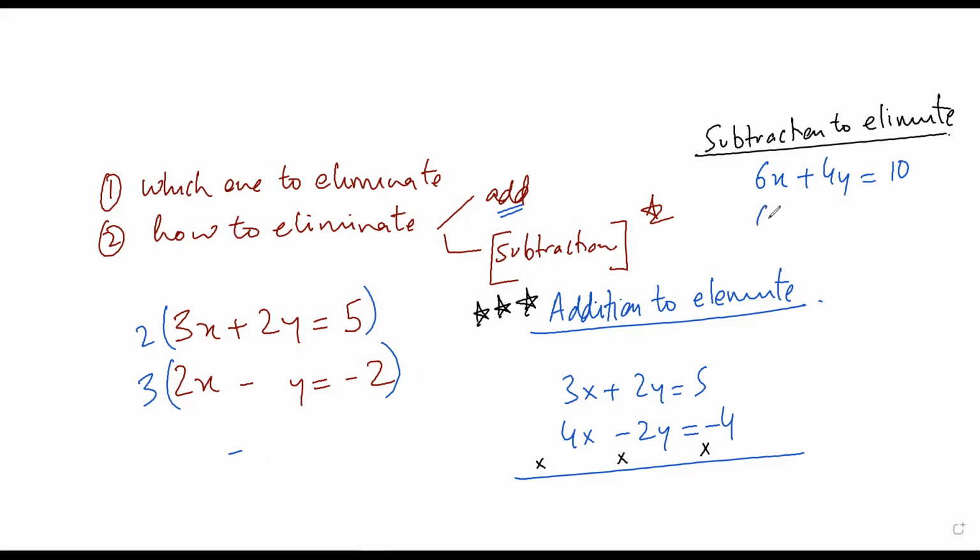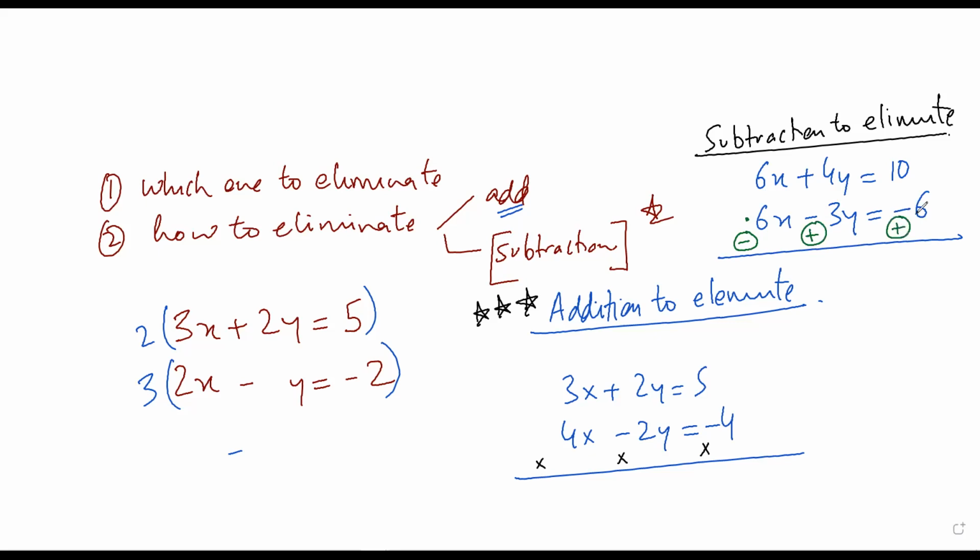The second equation will become 6x minus 3y is equal to minus 6. Now, because I want to subtract, the sign of this is positive, it will become negative. Sign of this is negative, it will become positive. Sign of this is negative, it will become positive.